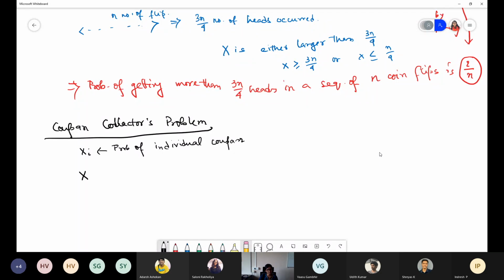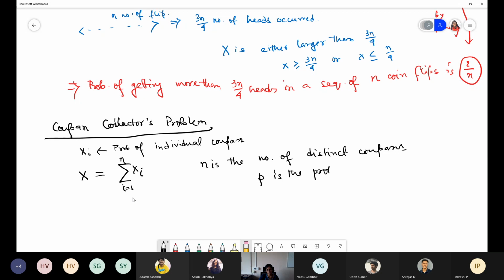So x is the total number of boxes that we took, as the sum of xi, i equals 1 to n, where n is the number of distinct coupons, and p is the probability of success.